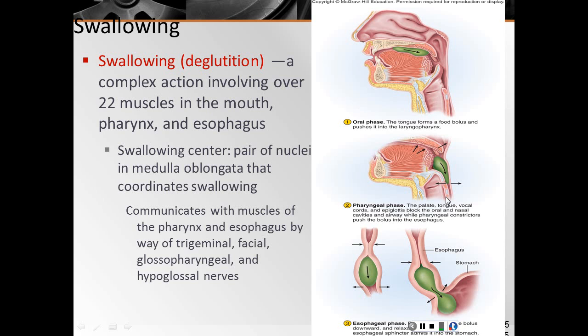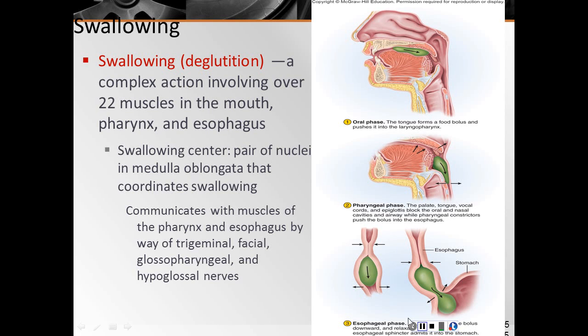What's peristalsis? It's that wave-like movement that helps food or any substance move throughout the system. Now, the esophageal motility is entirely involuntary, although the upper muscle is skeletal.